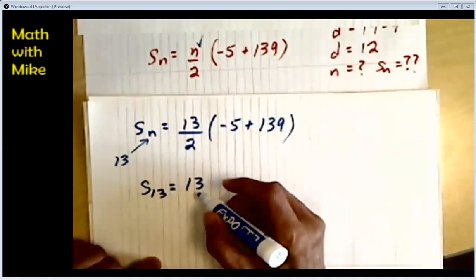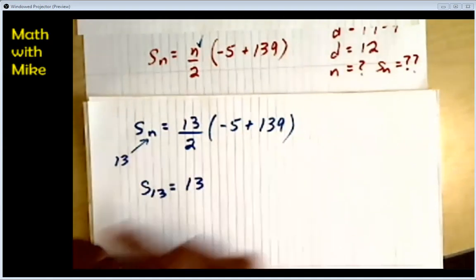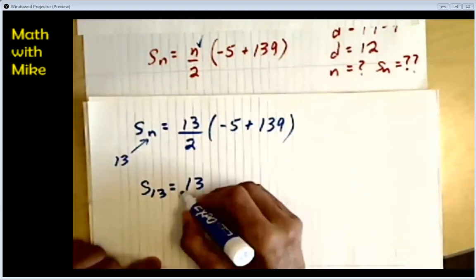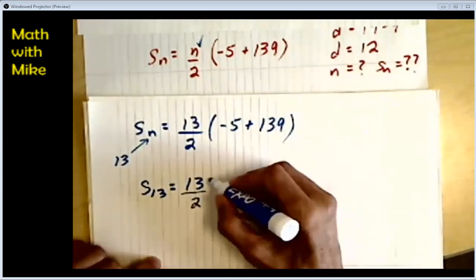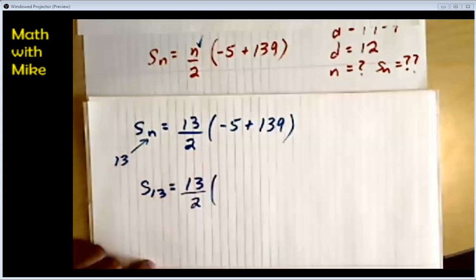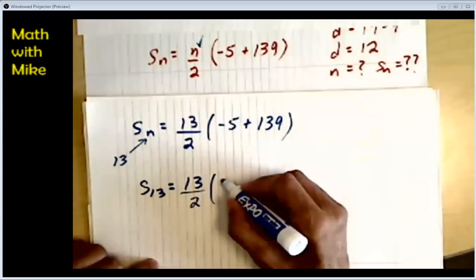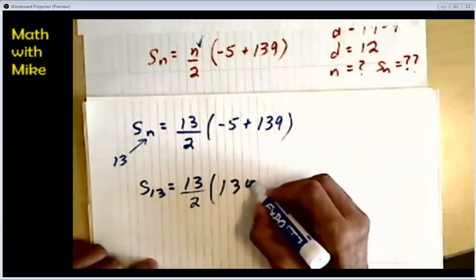A half, just like I promised. On the inside, what do we get? 144 or 134? Yep, 134.